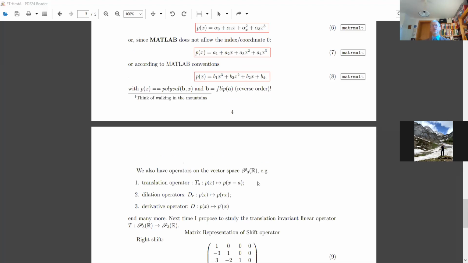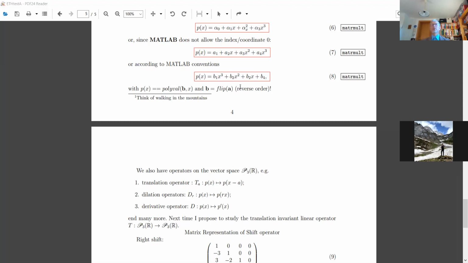Maybe it's nice to think of a matrix representation. I was telling you every finite dimensional operator allows us to describe linear mappings by a matrix of corresponding size. So what are the 4x4 matrices describing these operations? I will show you only the first one explicitly. We're talking about a shift operator, and to make it most simple, I take a equal to 1, so a right shift by 1 unit on the reals, or if you want also on the integers.